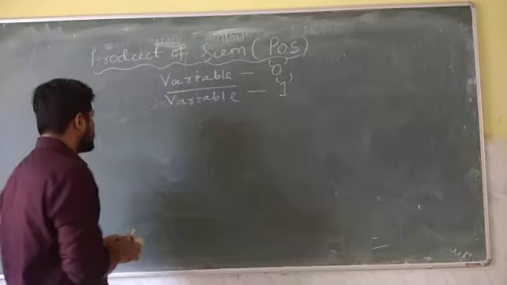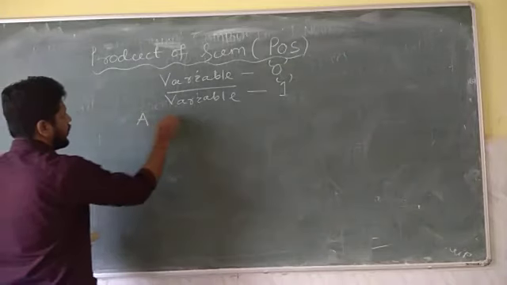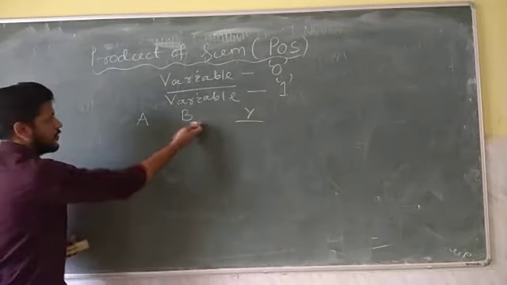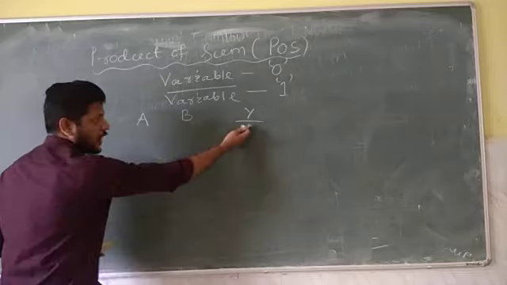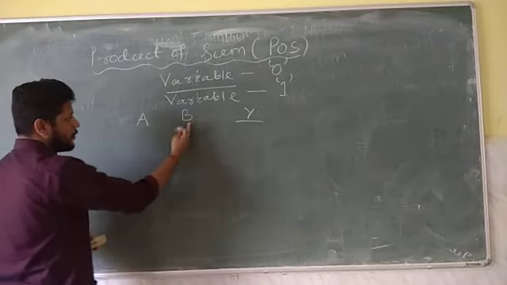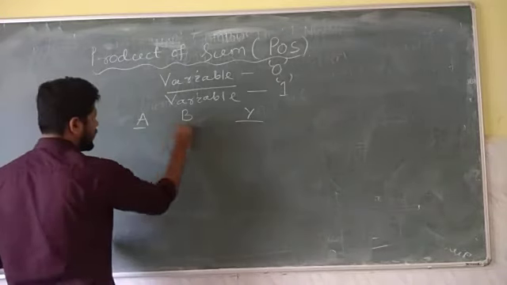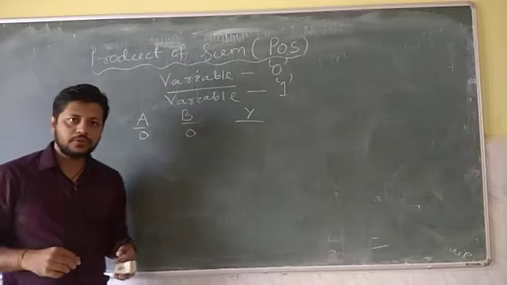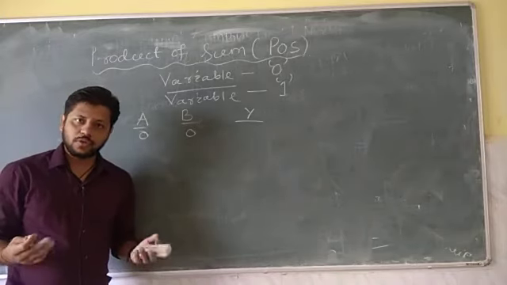So let us say if you have a truth table a, b and y is the output. A, b is the input variable and y is the output variable. So what are the combinations? As I have already explained you, either the variable is 0 or 1.